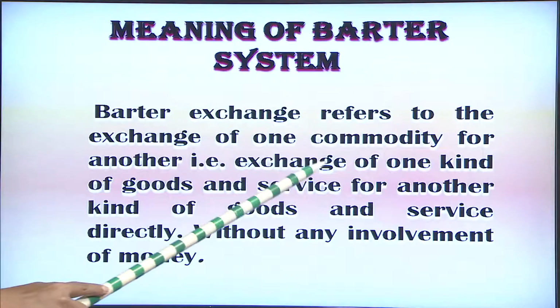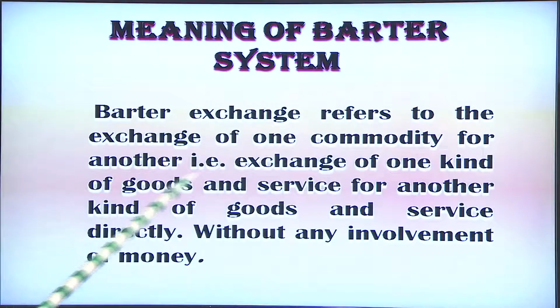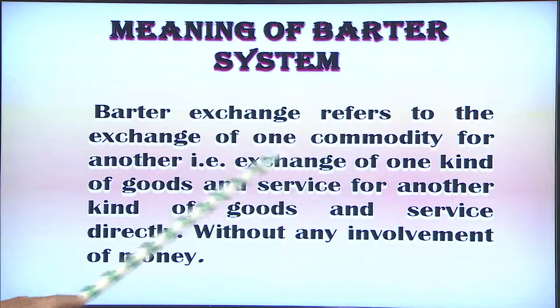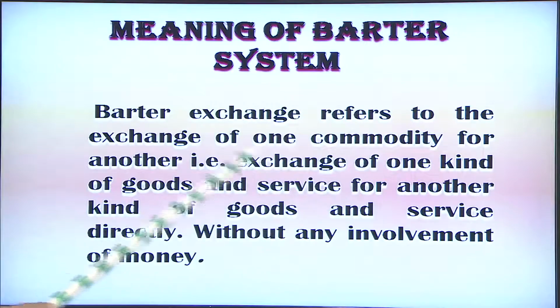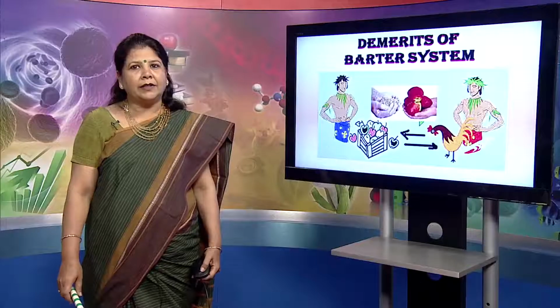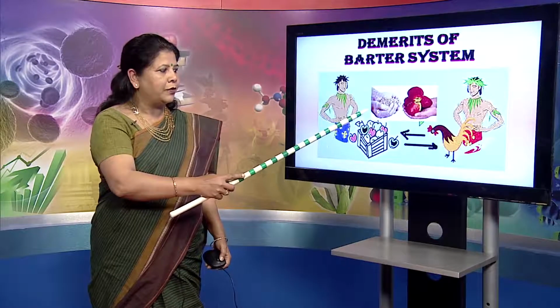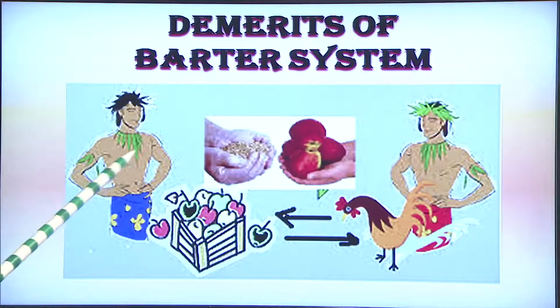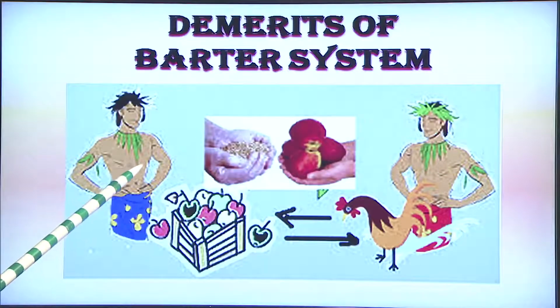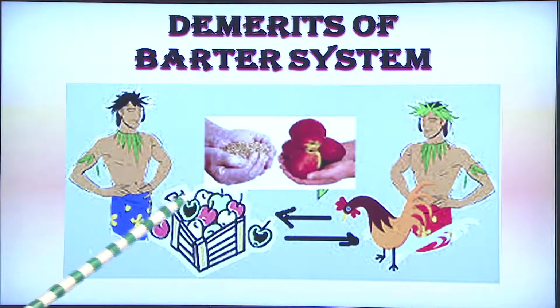That is, exchange of one kind of goods and service for another kind of goods and service directly without any involvement of money. The barter system needed, say, apples to be exchanged for wheat, fruit to be exchanged for some other object that the tribals needed, or say for a hen.